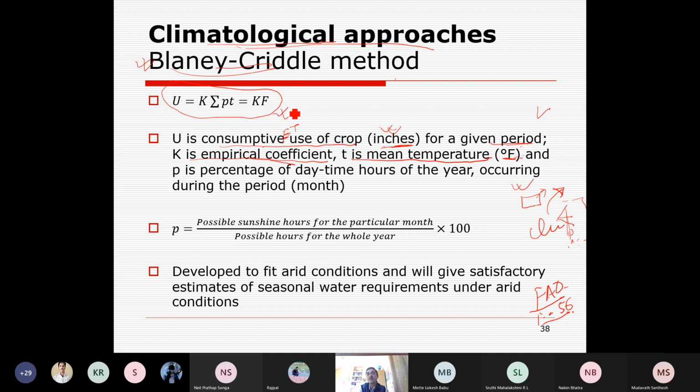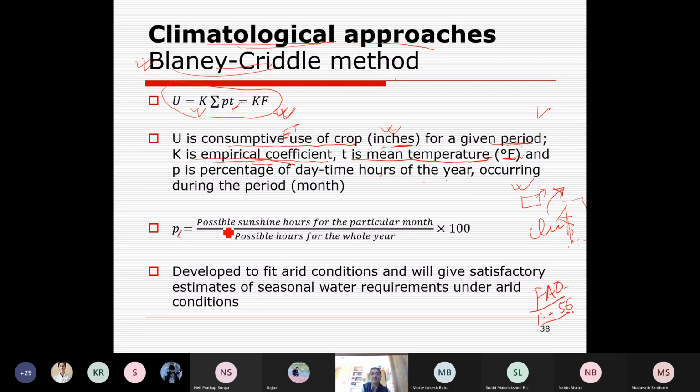Later on, we got the refined method where we can use units like degrees Celsius, meters, and so on. So it's a simple idea of an empirical coefficient, that is for the area or characteristics of the area. P is basically the percentage of daytime hours of the year, that is basically sunshine, and T is the temperature in degrees Fahrenheit.